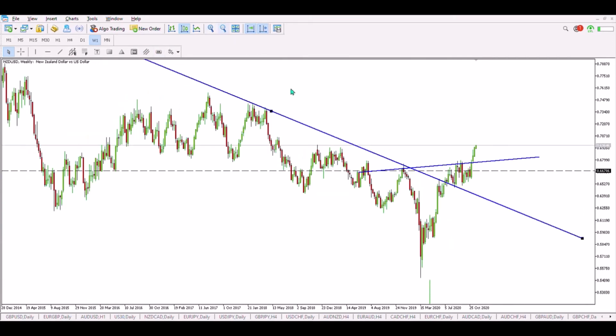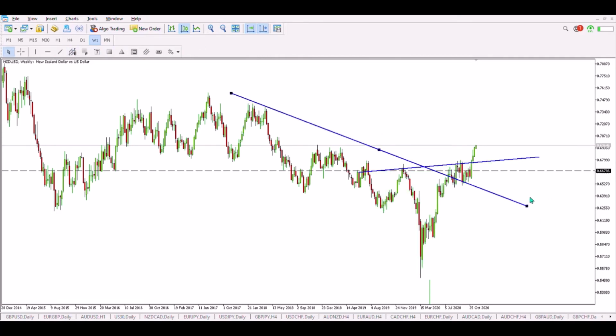Now here is another overextended head and shoulders pattern. I personally don't believe so much in these head and shoulders because they don't look so good. But we can clearly see that we are in a strong uptrend.